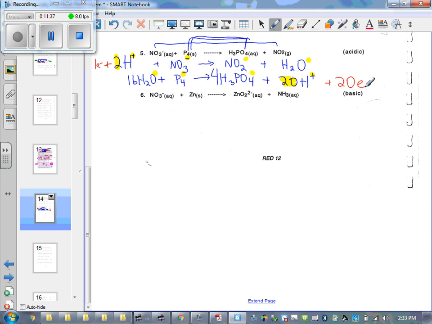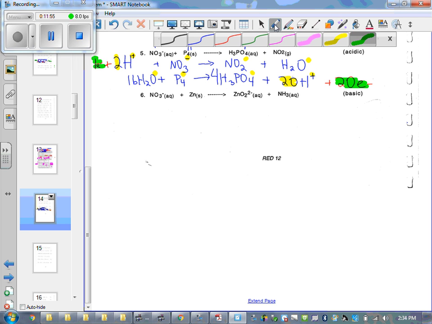Before we can add these up, we need to make sure that the electrons that we lost equal the electrons that we gained. We have to times our entire top by 20.